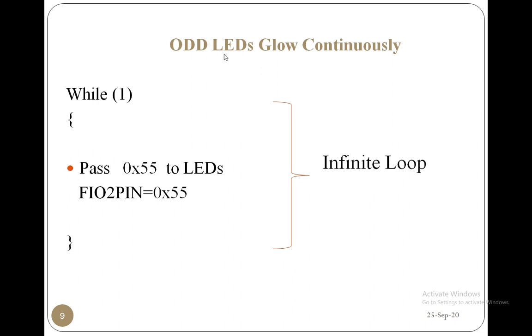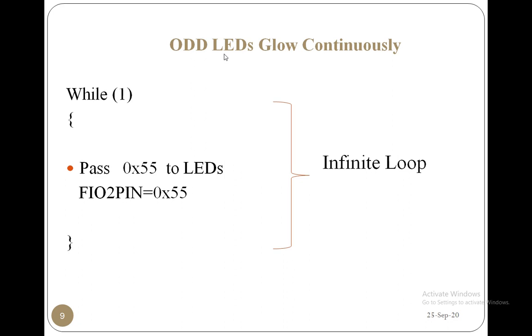Now the next requirement is that continuously odd LEDs will glow and continuously even LEDs will glow: even LEDs, after some time odd LEDs, after some time again even LEDs, like that continuously, even odd even odd.